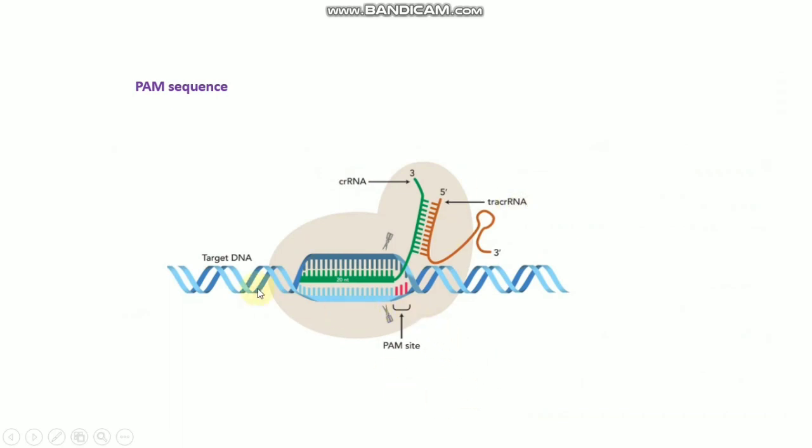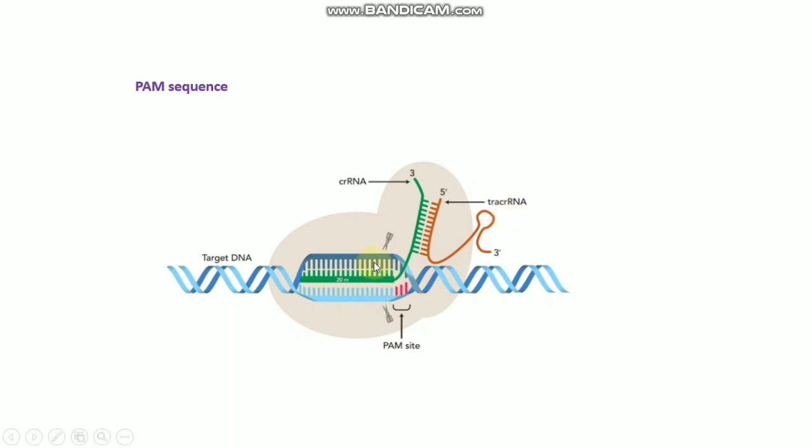As you see in this picture, this is a target DNA, a foreign DNA, right? It contains a small 20 nucleotide sequence that is matched with the RNA, and that RNA is the guide RNA or CRISPR RNA.